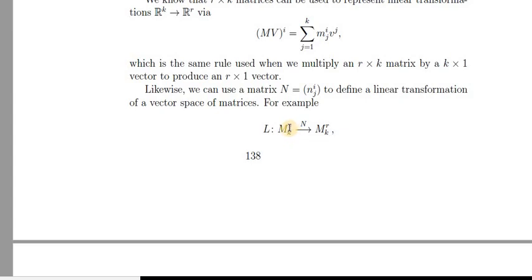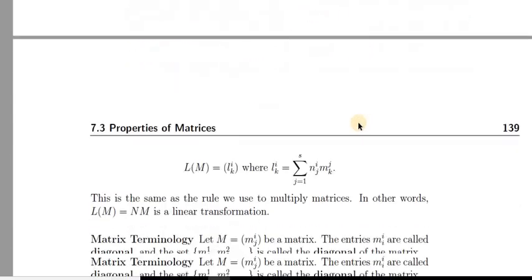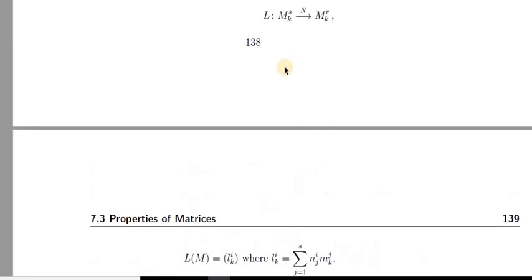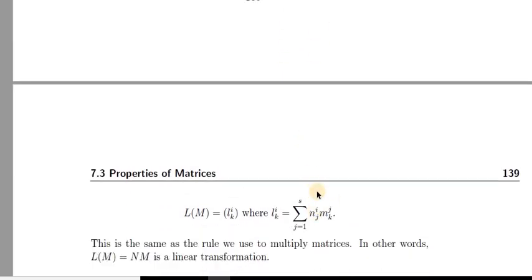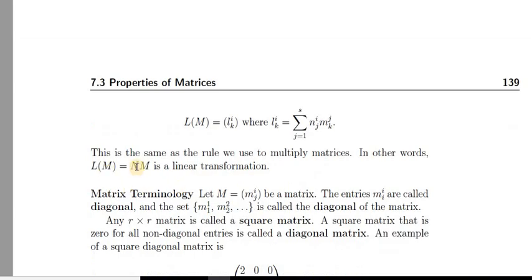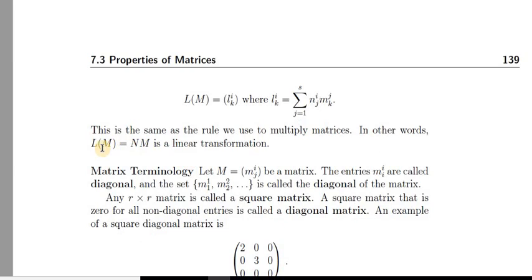This is a vector space with S rows and K columns. And this is a vector space with R rows and K columns. And I get from the matrix here to the matrix here by multiplying by the matrix N. Okay? So L of M equals NM is a linear transformation. Just like we saw before that L of v equals Nv is a linear transformation, I can replace the column vector v with the whole matrix M, and I still get a linear transformation.